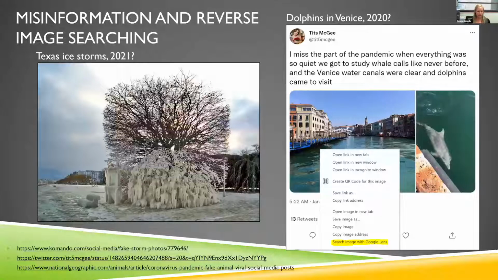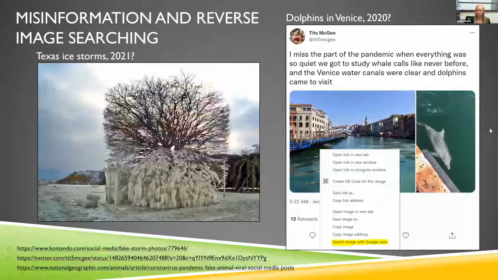And anytime that there's a natural disaster or big event, misinformation will arise around that. So someone had posted on social media, like, look at this, crazy ice in a park by my house. But if you plop this into Google Images, you will find that it was actually taken in Sweden in 2018. So not at all related to the Texas ice storms.